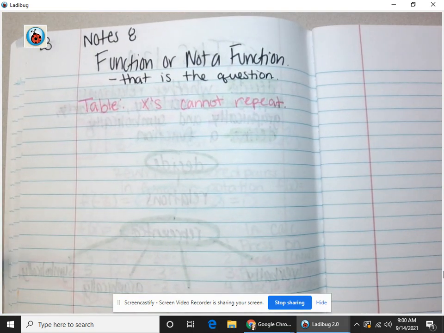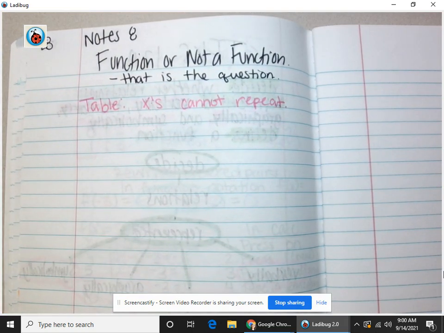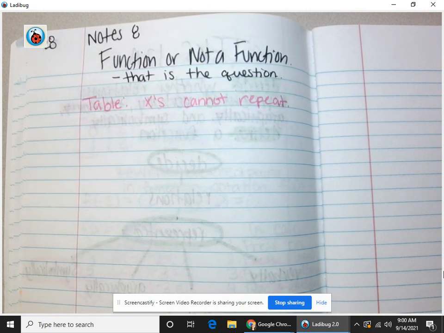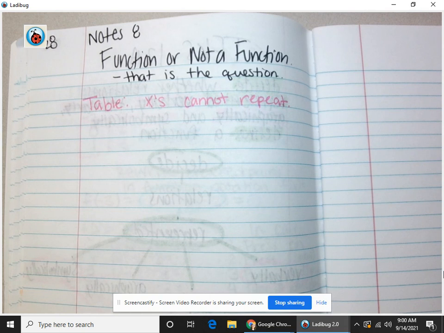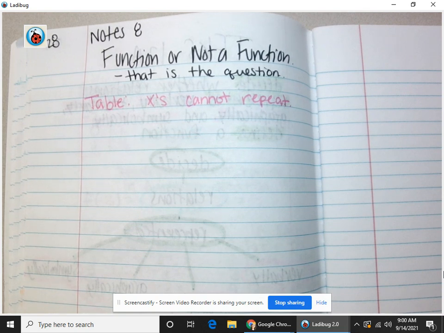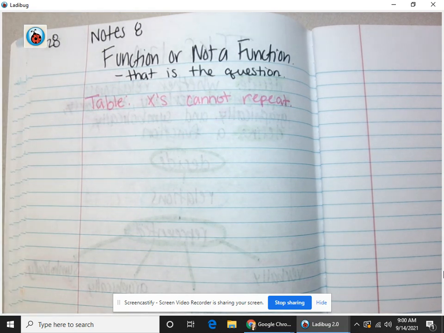The long version is, for every x value, there can be one unique value for y, but it is okay to have the same values of y if there are different x's. All the x values have to be different. Basically, all the x values are different, they cannot repeat. Okay, so that's a table.